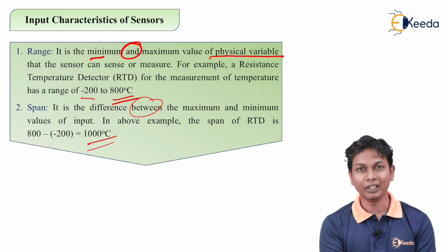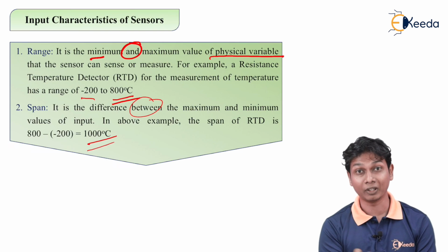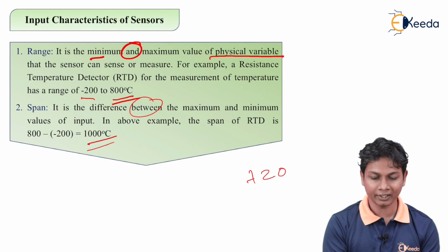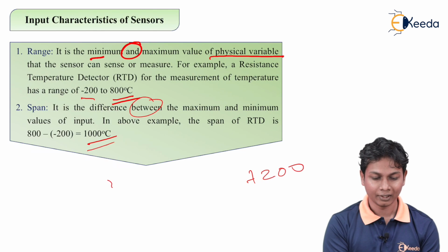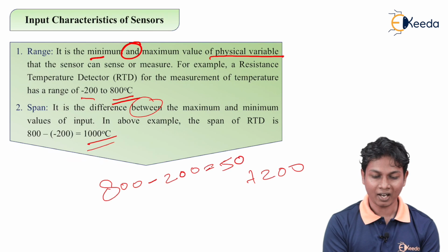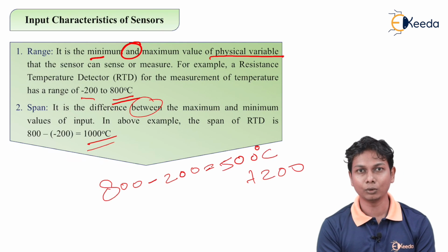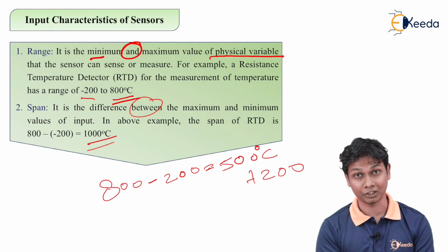If the minimum value of the RTD is not minus 200 degrees but plus 200 degrees, then our span value changes. That means 800 minus 200 becomes 600 degrees Celsius. But here the minimum value of the sensor is minus 200 degrees Celsius, and that makes the difference.